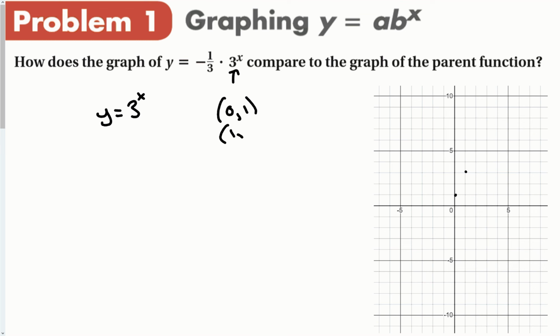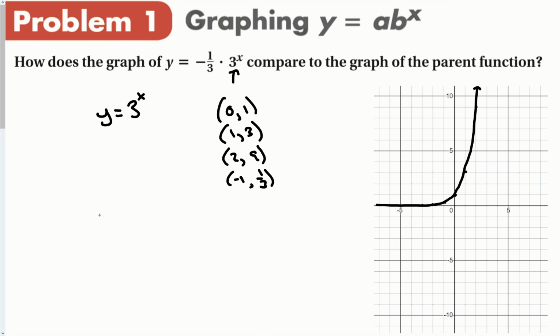Here's my second point, here's my third point. 3 squared is 9. As I go into the negatives, that becomes 1/3. I have my exponential function that will never go below 0, so I get a graph that looks kind of like that.